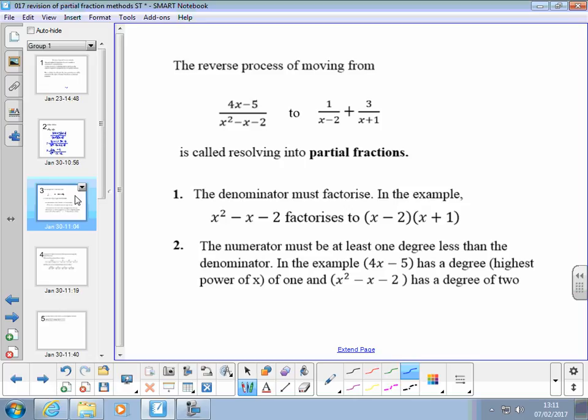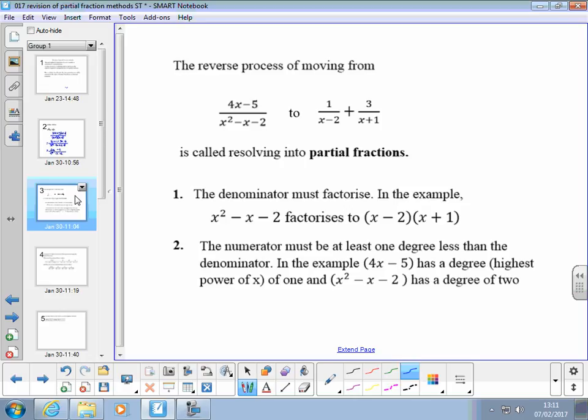The reverse process of going from 4x minus 5 over x squared minus x minus 2 to 1 over x minus 2 plus 3 over x plus 1 is called resolving into partial fractions. Two conditions.